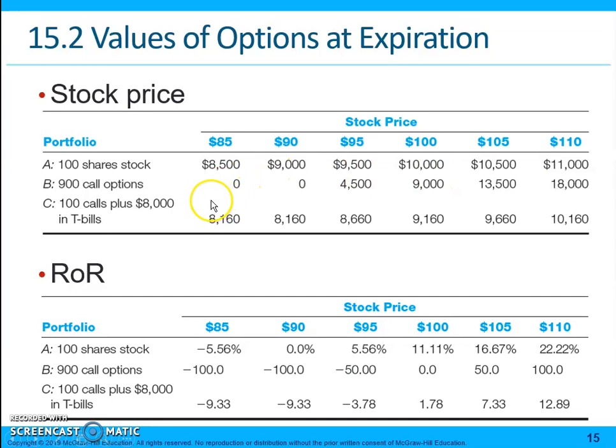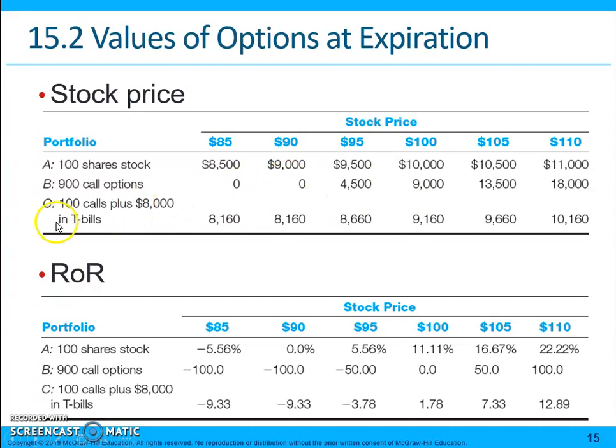With our call options, if the stock price doesn't go up, we're out every bit of our money. If the price goes up $5, we get half of it back. The price has to go up $10 for us to get it all back. So the price has to go up over $10 for us to make a profit.